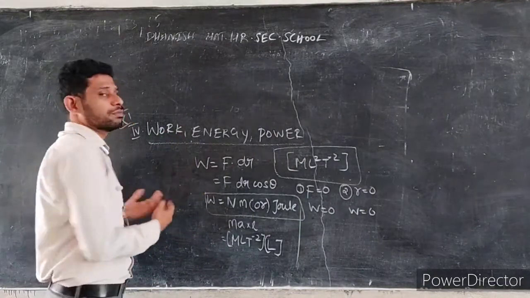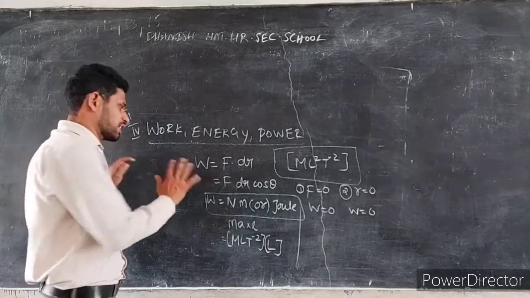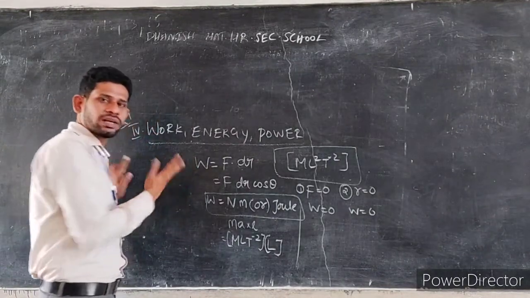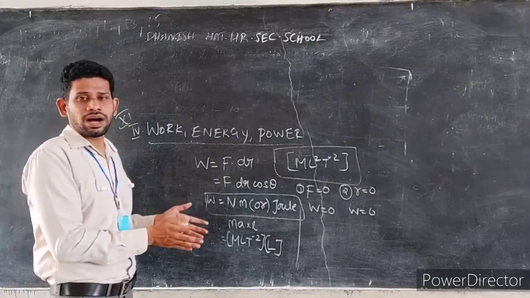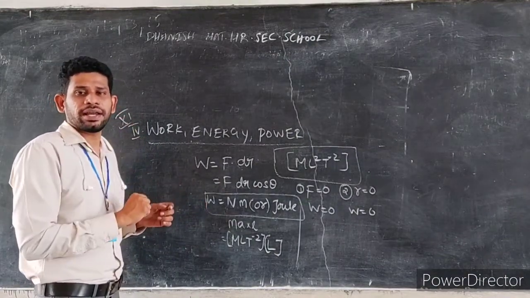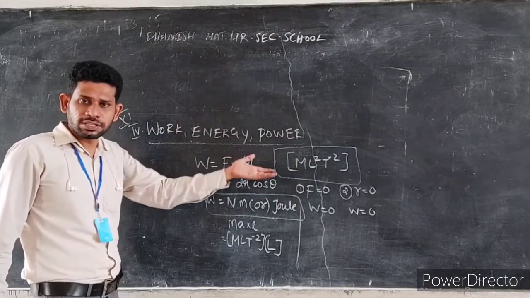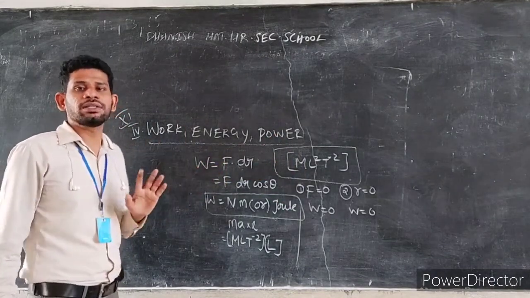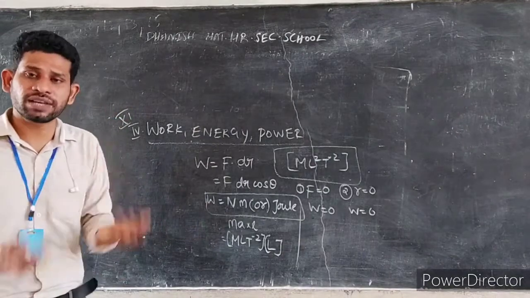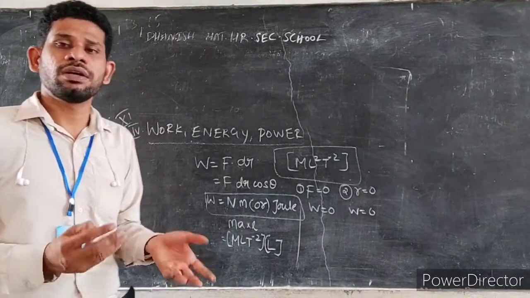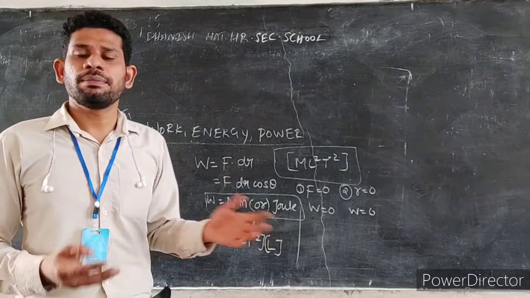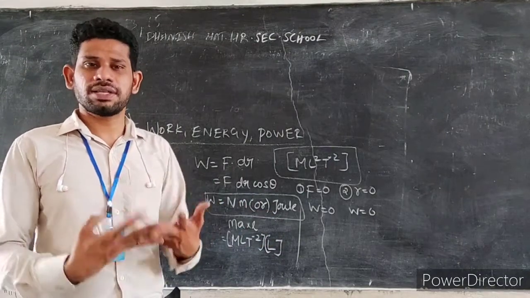Even though I am giving much more force, that wall never moves an inch. So the work done will be equal to 0. When there is no displacement, the work done is equal to 0.